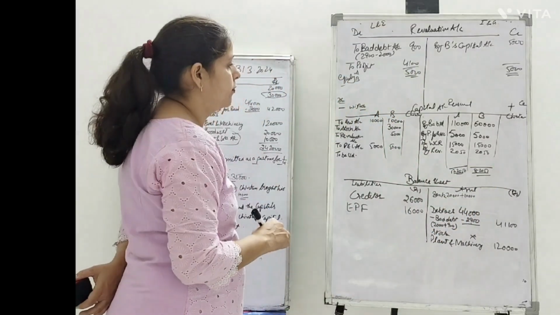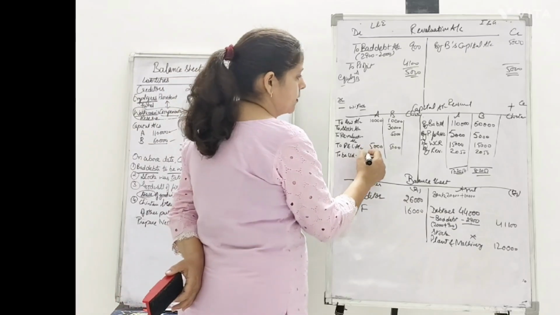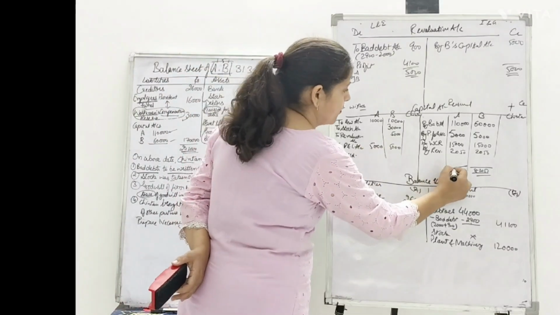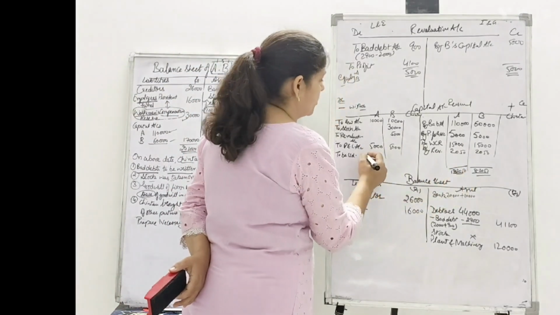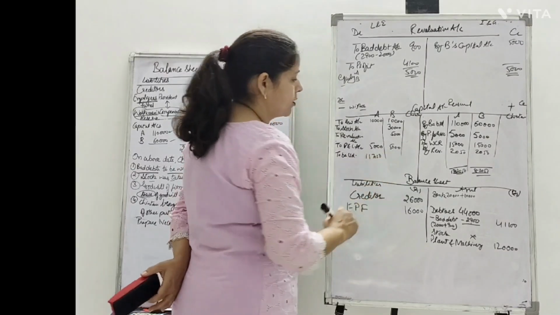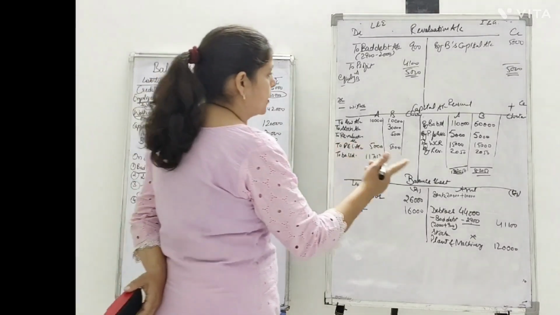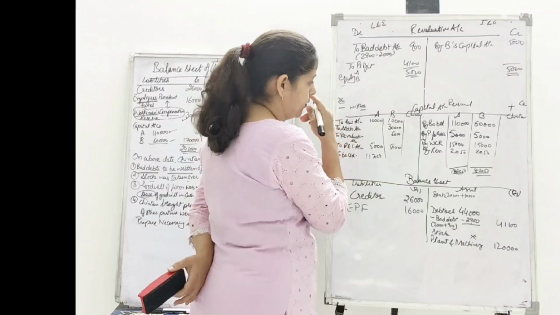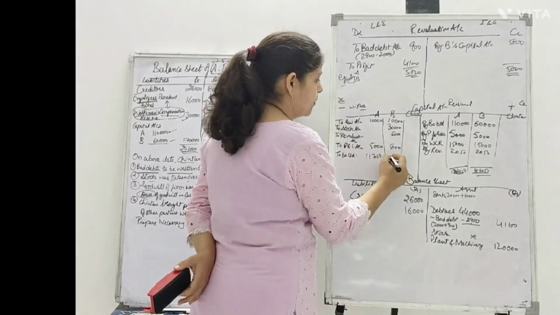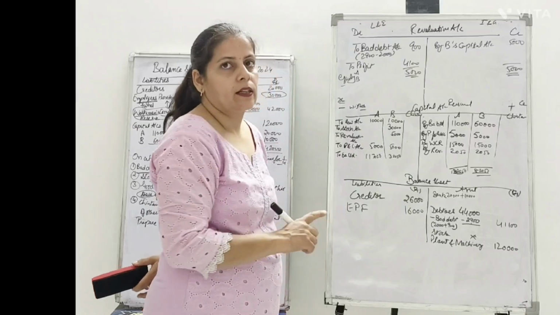Deducting from there 15,000, I get 117,050. Balance carried down in A's capital is 117,050, and on the other side we have to deduct 50,000. So that gives you 32,050. Right? We have calculated.